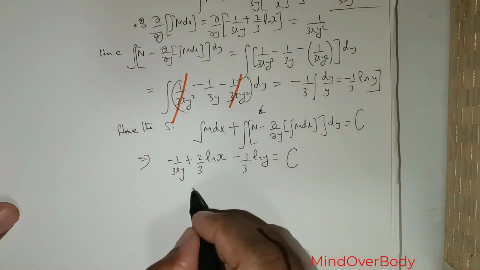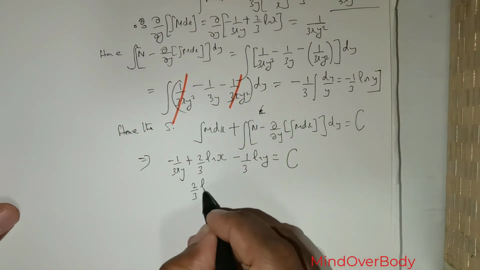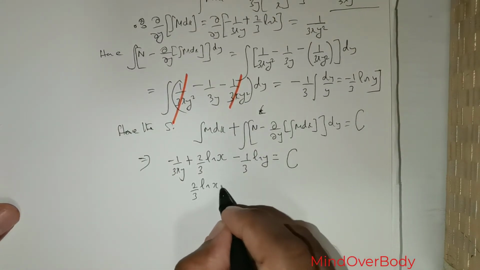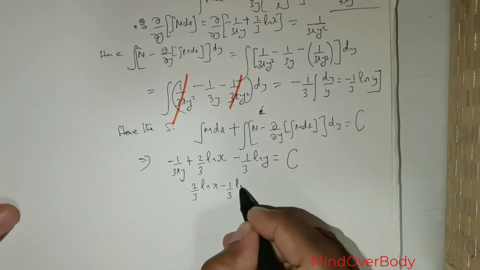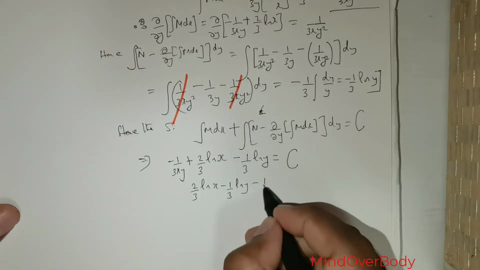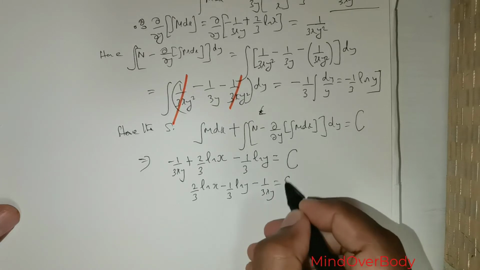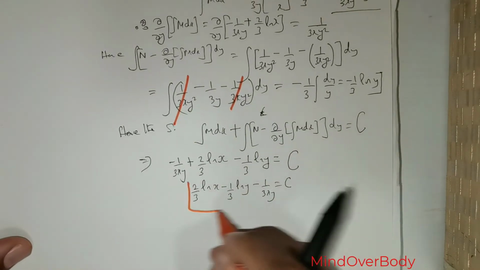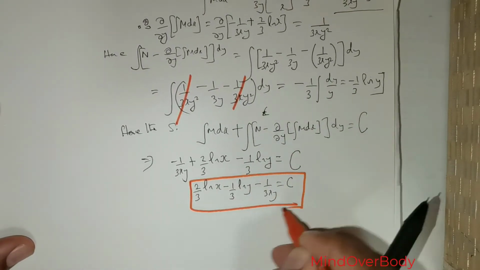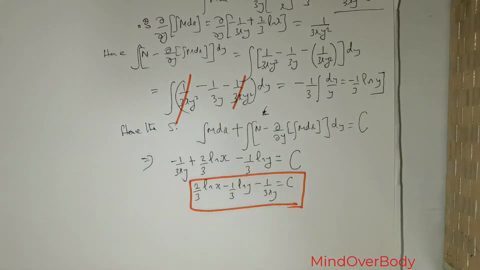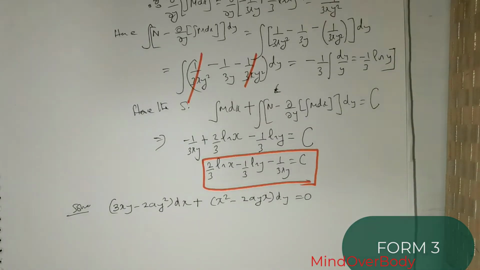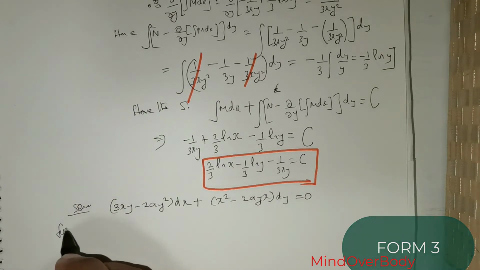So probably I can rewrite this as 2 over 3 times ln x, negative 1 over 3 times ln y, negative 1 over 3 times xy is equal to c. I think I'll settle for this. If you want to simplify this further, you can simplify this. Students, we are now moving on to the third form.